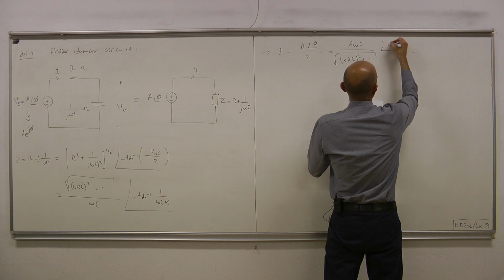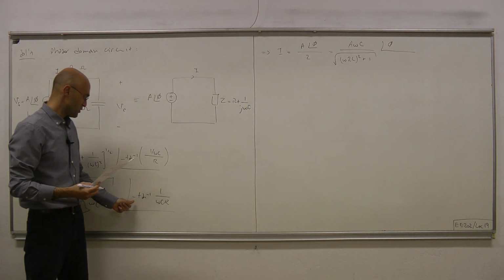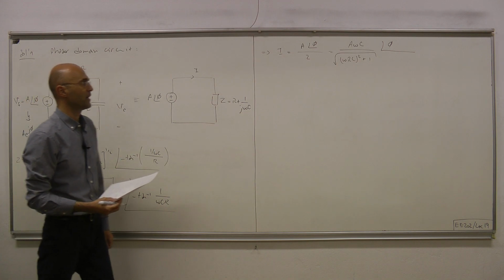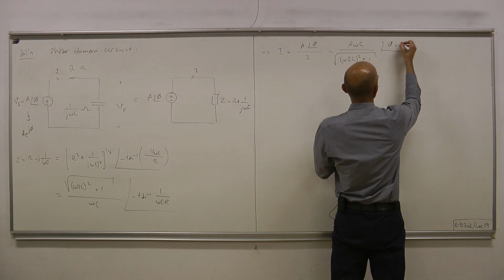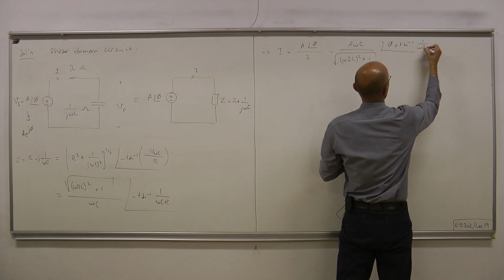And then we have the phase of the source minus arctangent 1 over omega C R, which makes plus arctangent 1 over omega R C.